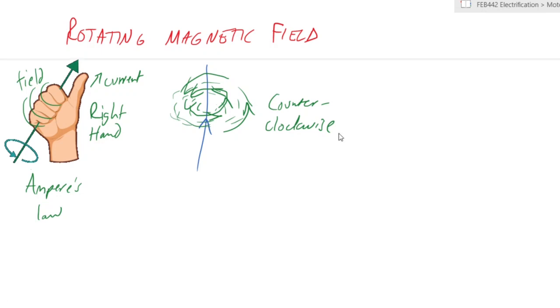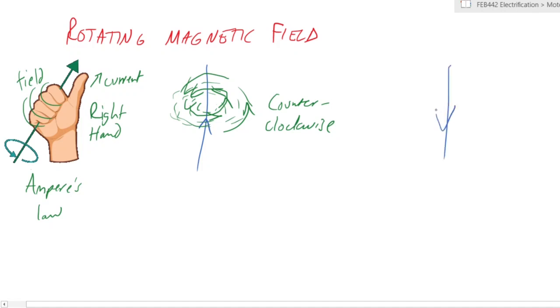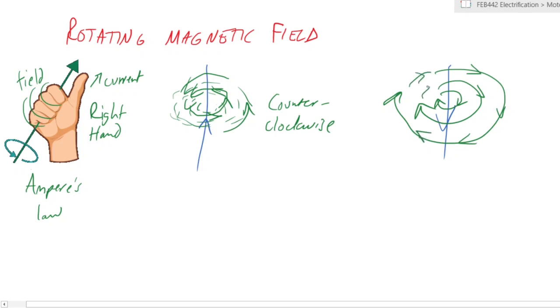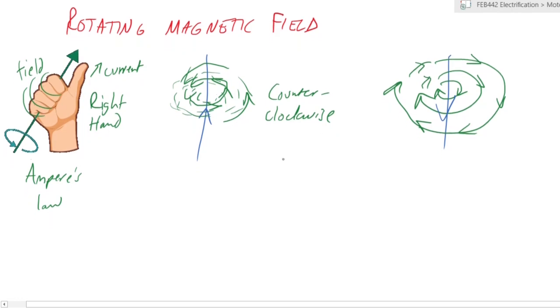So if your current was flowing downwards, you would have an electromagnetic field that would be going in a clockwise direction, like that. Okay. And this is the first principle of these things.